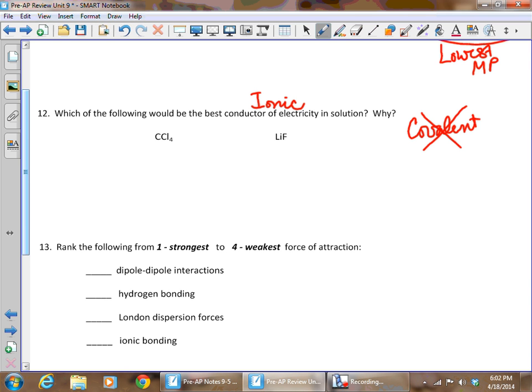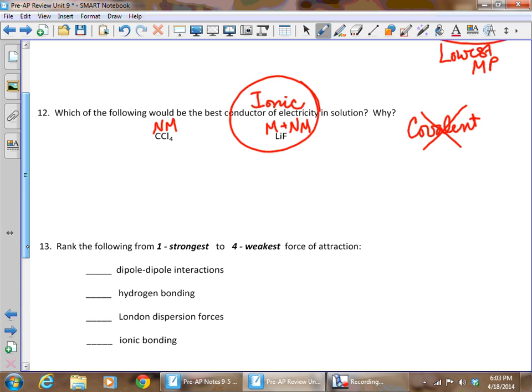So good conductors are going to be ionic. We look at CCl4, both of those are nonmetals. That's a covalent compound. Lithium and fluoride is a metal plus a nonmetal. There's our ionic compound. There's our good conductor in solution if it's dissolved in water.